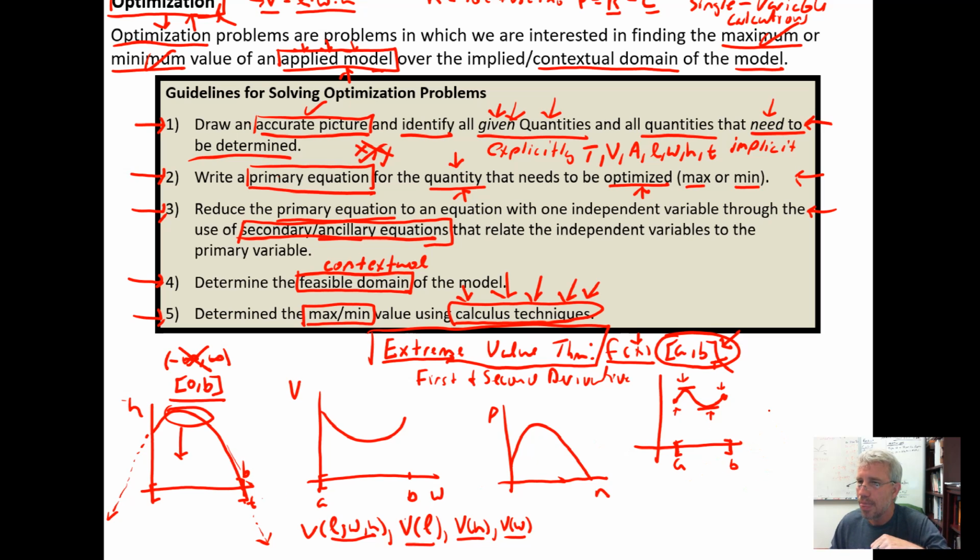Or if I have a parabola opening upwards over some closed domain, I know that if I find the critical number, it's going to correspond to a minimum value, because it's going to be the vertex of a parabola opening upwards. So we're going to need to justify that we found a max or a min value. So that's generally what an optimization problem is. And we'll look through a series of examples of calculating max min values in the videos that are coming for this homework assignment.